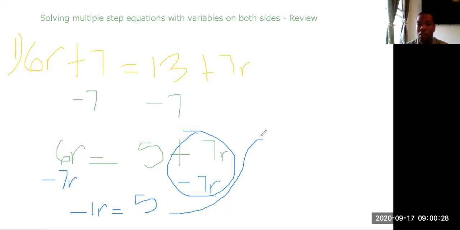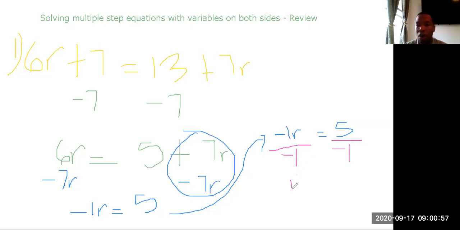I'm going to move this up here so that we can see it. Right now, this says negative 1r, and we want it to be r. We don't want the negative there. So in order to get rid of that, I have to do the multiplicative inverse on both sides.